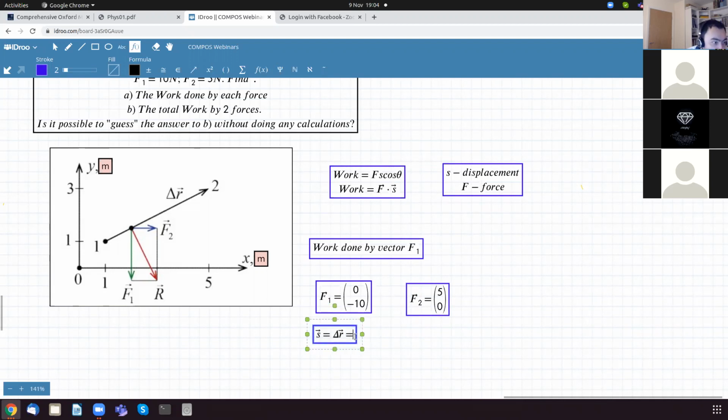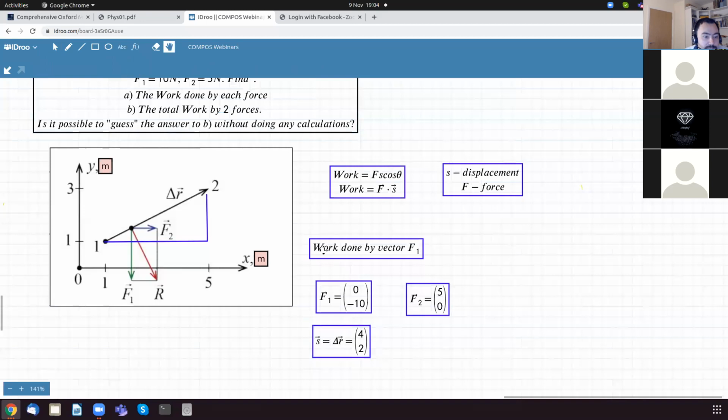If you look at it, it's 4 to the right and 2 up. So this vector is (4, 2). And now we find the work.